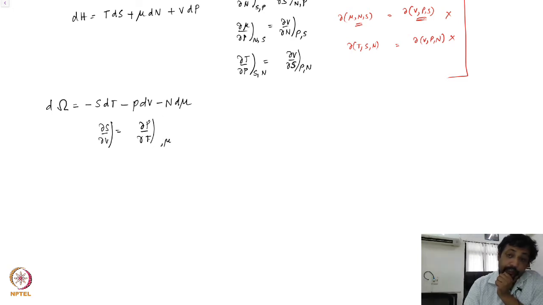When you take the derivative with respect to T, V is held constant. Here your T and μ are held constant.